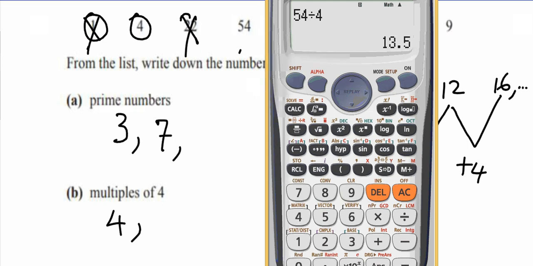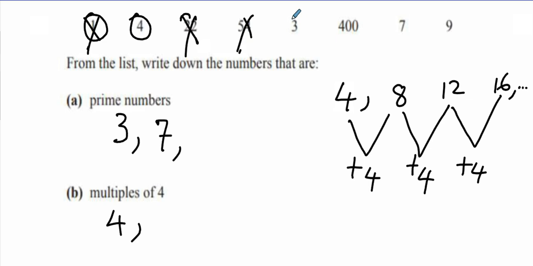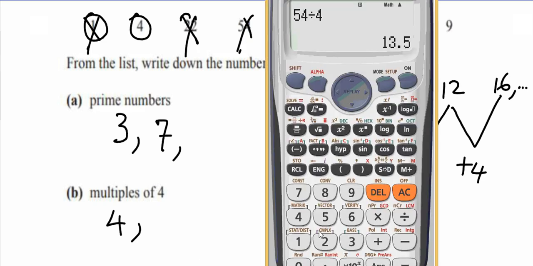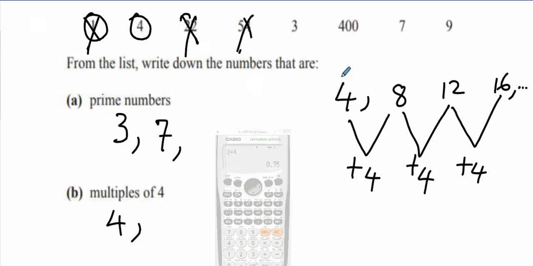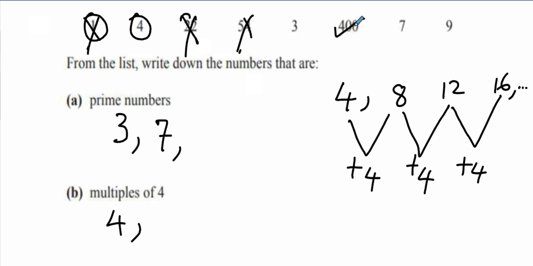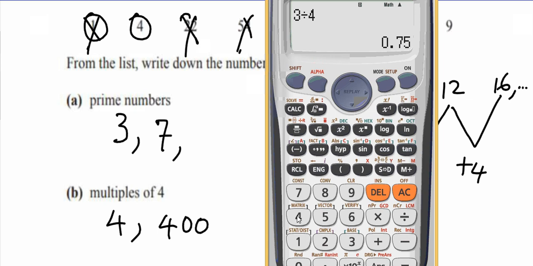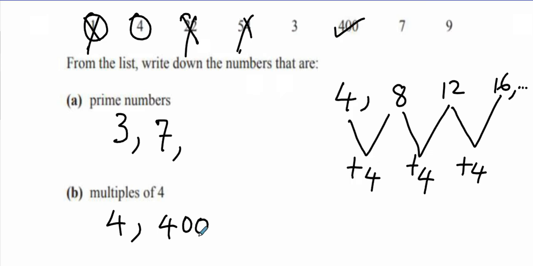You're getting a decimal, so 54 is not. 3 divided by 4 is also a decimal. How about 400? Yes, 400 is a multiple of 4, because 400 divided by 4 gives a whole number, 100. 7 is not a multiple of 4, 9 is not a multiple of 4. So we have 2 multiples of 4 from the list.